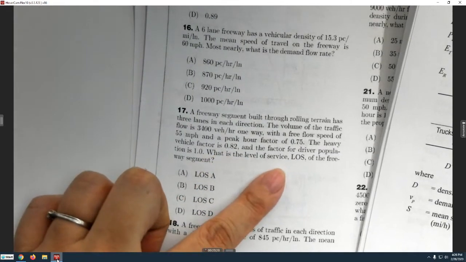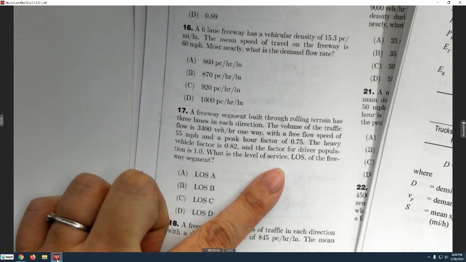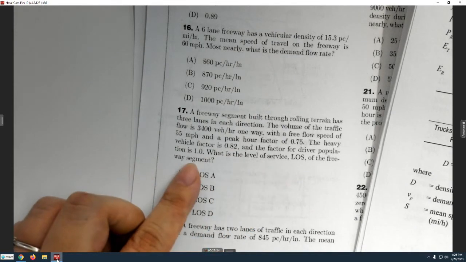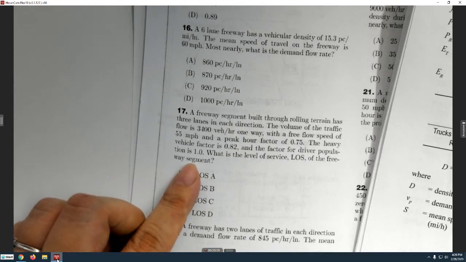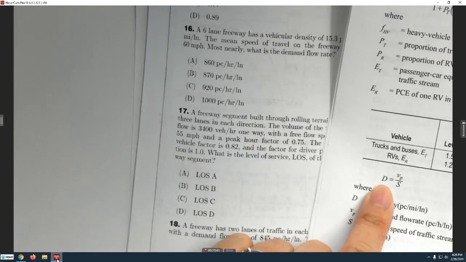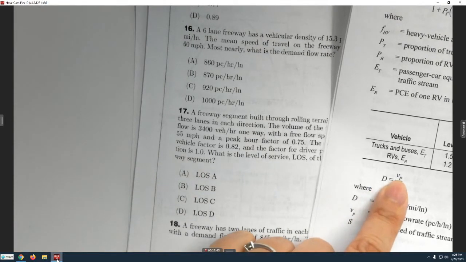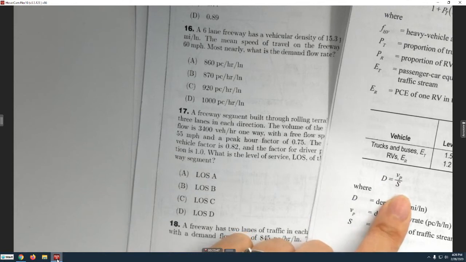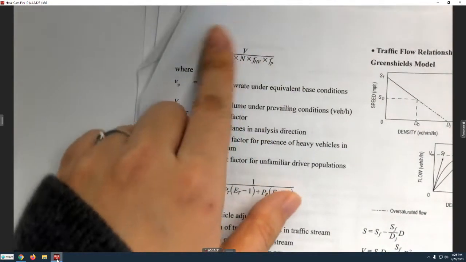What is the level of service of the freeway segment? Remember, the freeway level of service is based on calculation of density. So the process is you first need to calculate VP, and then calculate S, and then do the calculation. So VP, I just said you use this equation.